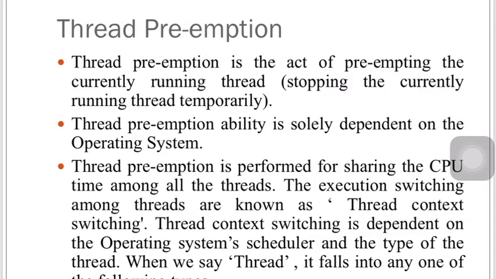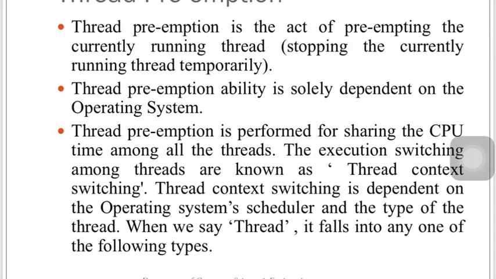Thread preemption ability is solely dependent on the operating system. The thread preemption is performed for sharing the CPU time among all the threads. As I said, there can be many threads, so for sharing the CPU time among all these threads, we can use thread preemption. The execution switching among threads is known as thread context switching.